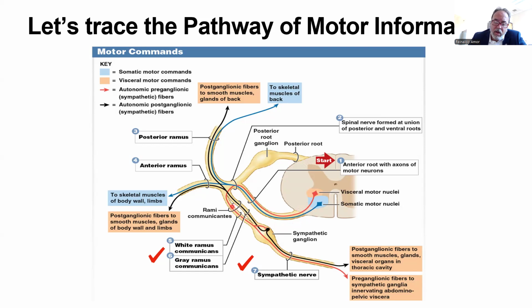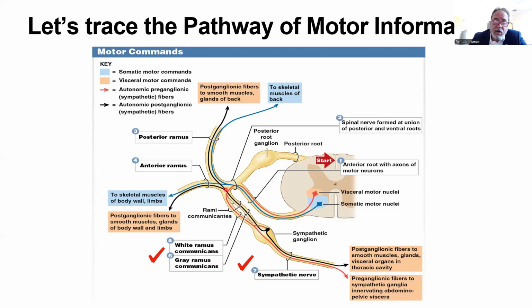Okay, so I just want you to know that a preganglionic neuron can synapse with a postganglionic neuron in this peripheral autonomic ganglion here, okay, sympathetic ganglion. If it synapses there, as you can see, and then it returns back to the spinal nerve, it does it by way of the gray ramus communicantes.